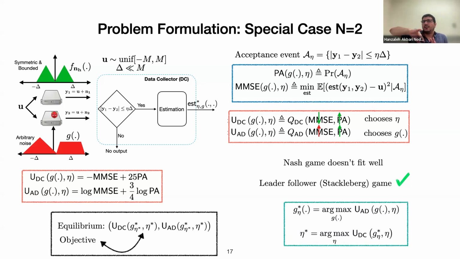There are a lot of cases where you can clearly define some utility function that is not, for example, for the data collector, an increasing function with respect to the probability of acceptance. I accept that. But the only assumption that I'm utilizing in order to solve this problem is that for the data collector, it is a strictly increasing function with respect to the probability of acceptance, and a strictly decreasing function with respect to the MMSE. Nothing else about convexity, concavity, and nothing more.